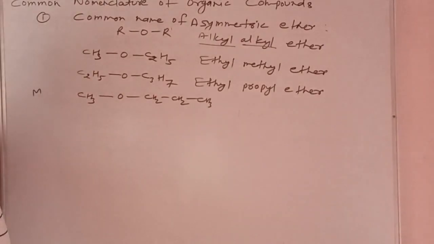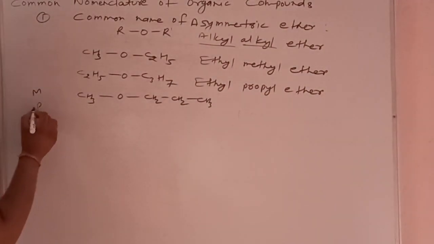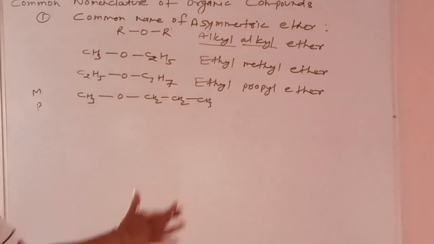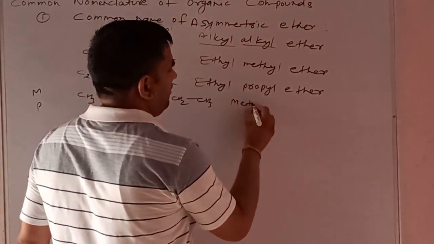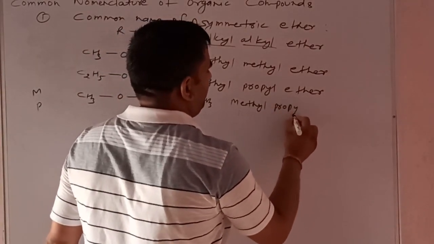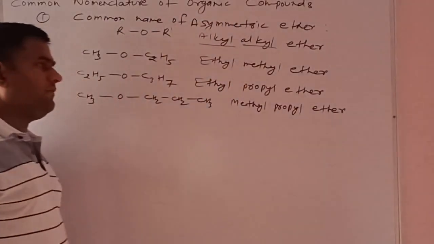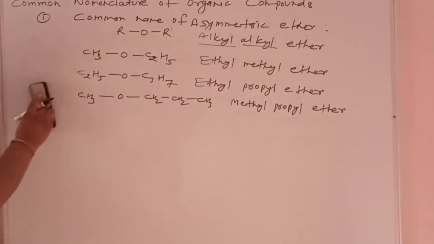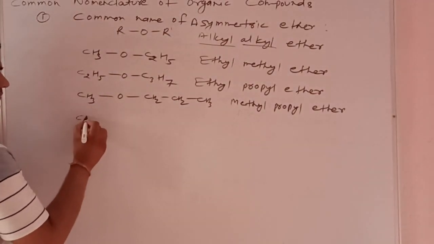Spelling of methyl starts with M and spelling of propyl starts with P. So the common name of this ether is methyl propyl ether according to the alphabet rule.